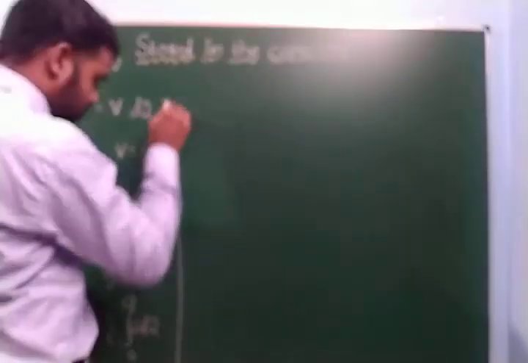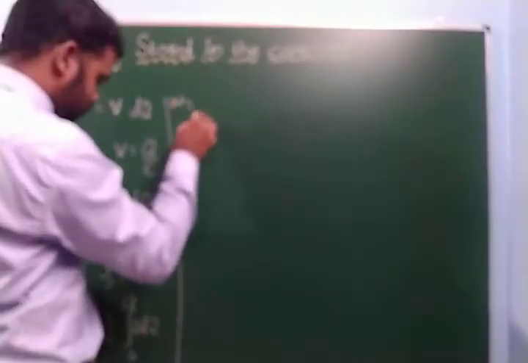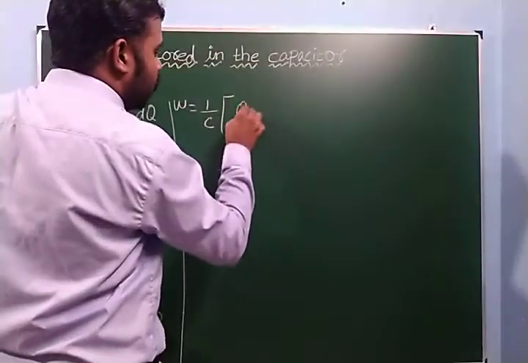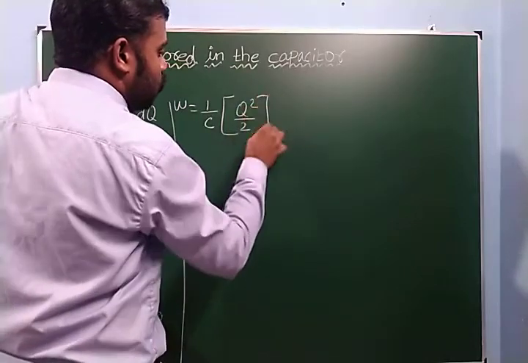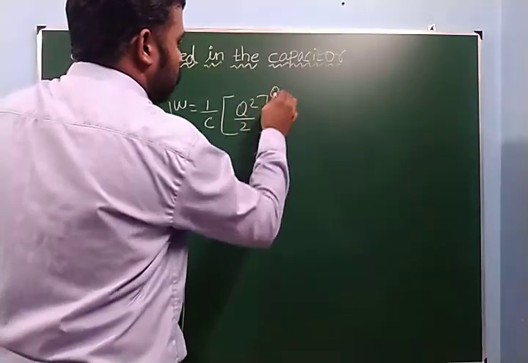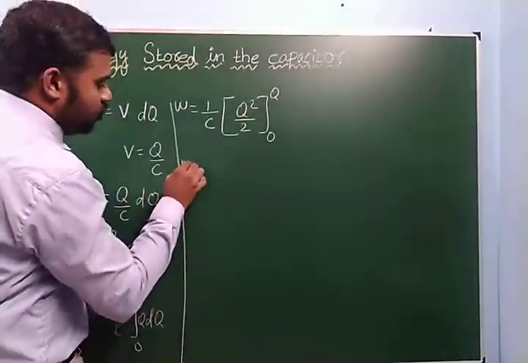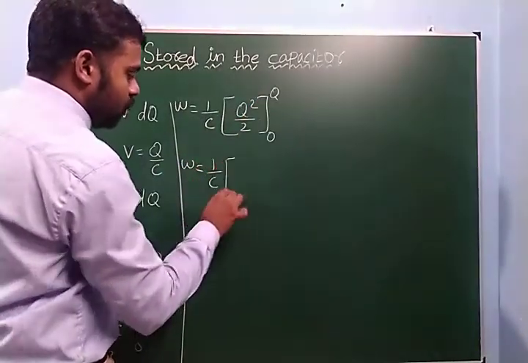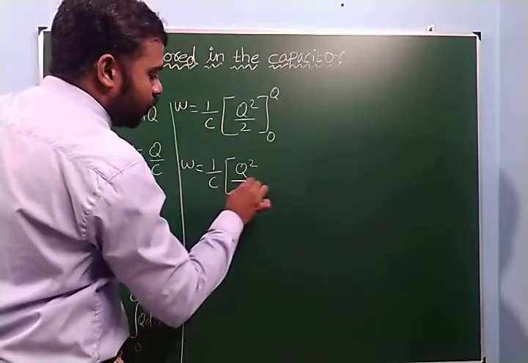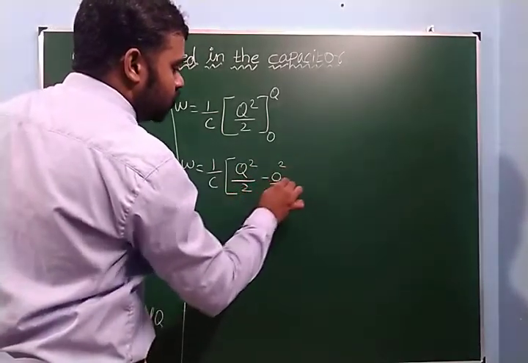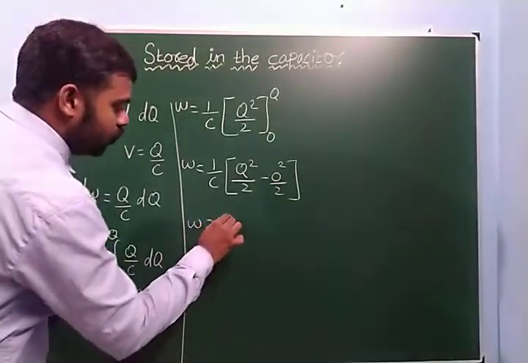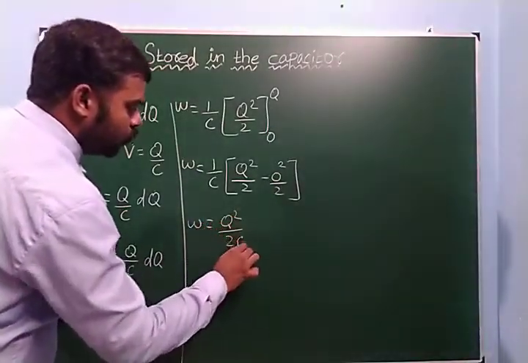So we integrate the charge q: W is equal to 1 by C times q square by 2, with the limit 0 to Q. For the limit we apply upper limit minus lower limit. So 1 by C, the upper limit is Q square by 2, the lower limit is 0 square by 2. So we can write W is equal to Q square by 2C.